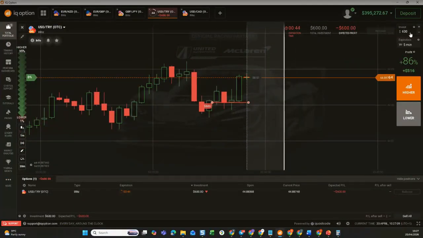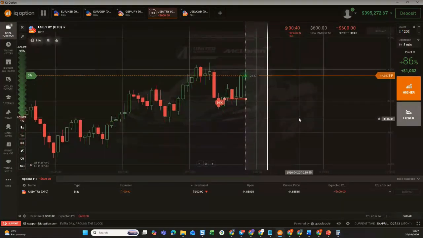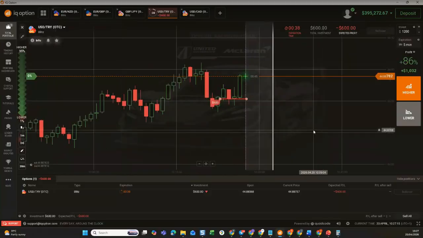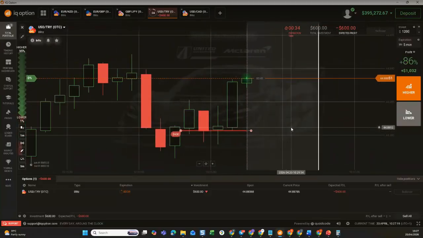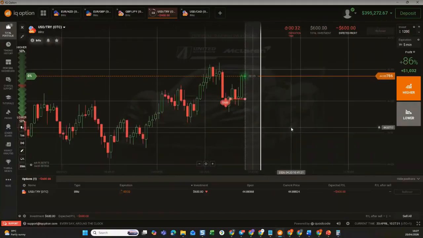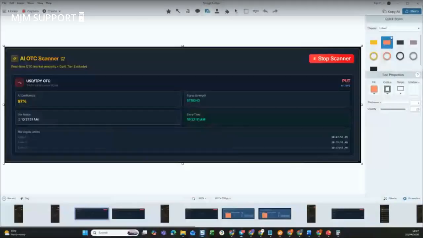So let's go in for our first martingale level in 30 seconds. I think I've done a screenshot of this earlier, so I'll copy this for the second signal.